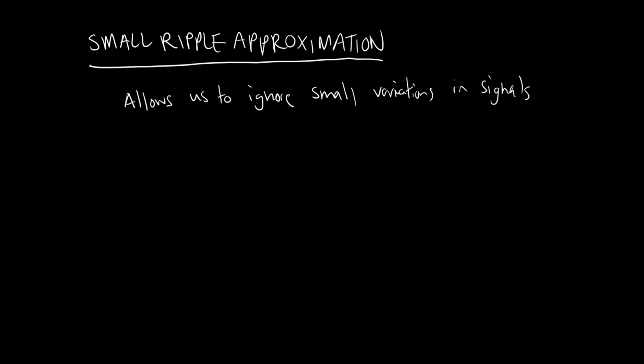Because there isn't a bunch of high frequency stuff that we have to take into account. And we can do this if the variation is small relative to the DC value.